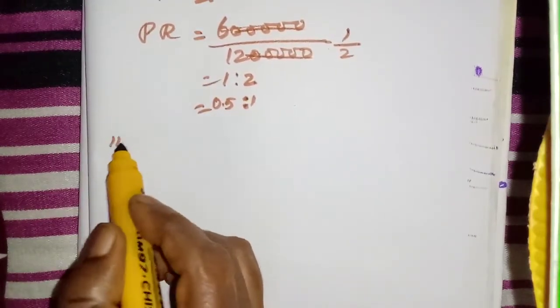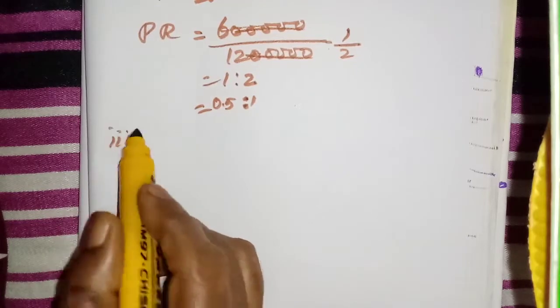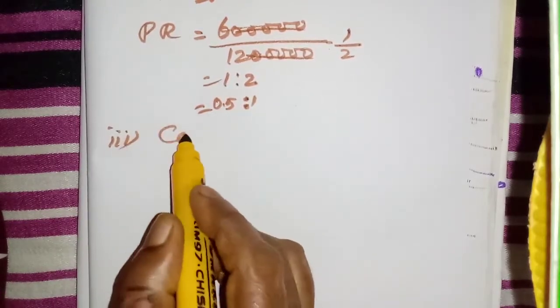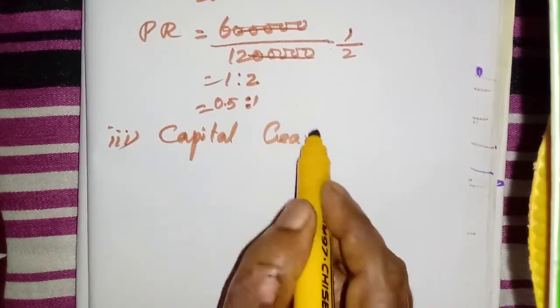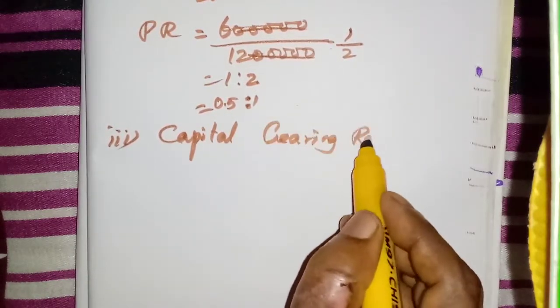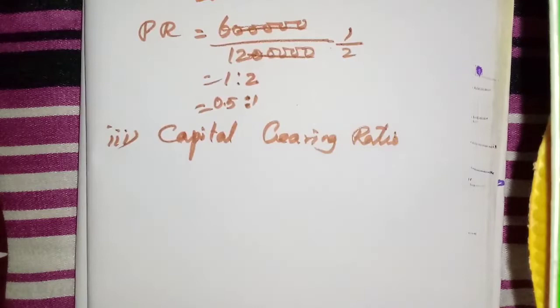Then third one, capital gearing ratio. What is the formula for calculating the capital gearing ratio?